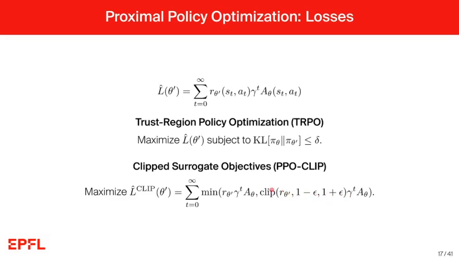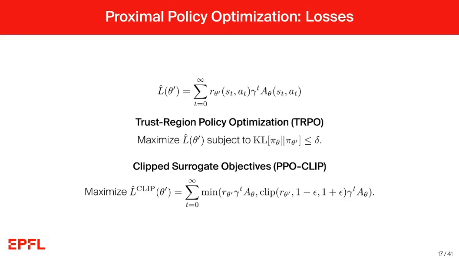If one clips this ratio to this range and then multiplies with the discounted advantage again, one gets an objective that keeps the policies close to each other while still pushing towards this surrogate objective that would lead to a maximal difference between the new policy and the old policy.